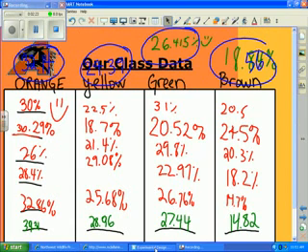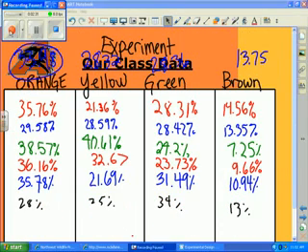Okay, so we're about to collect our data for the experiment. This is the actual. Okay, so let's go ahead and compare our experimental data to what we actually calculated when we did our original calculations.